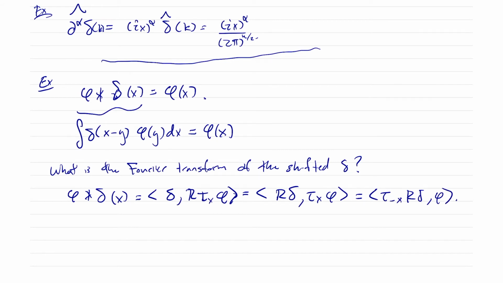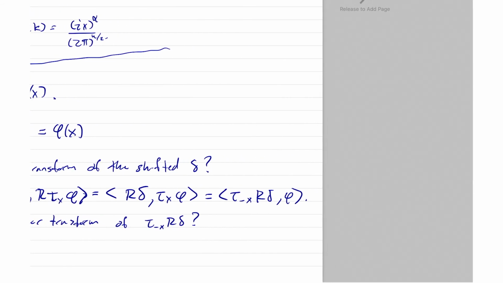So that's what that would be. And so then you could ask, what is the Fourier transform of tau minus x R delta? Okay, so what does that tell us? Well, that means we need to figure out the reflection property for the Fourier transform, and we also need to figure out the shifting property. So why don't we do that for general tempered distributions, and then we can apply that to the delta function.